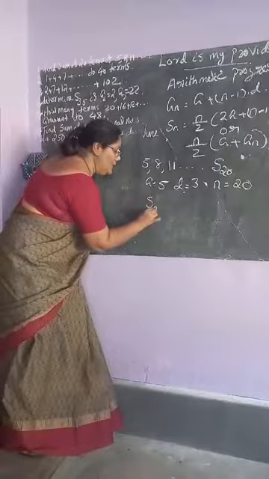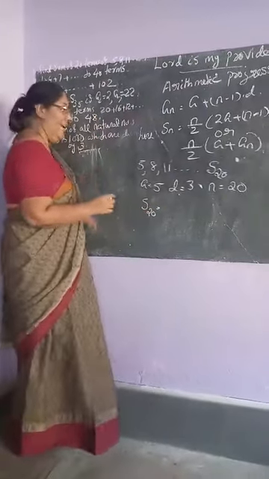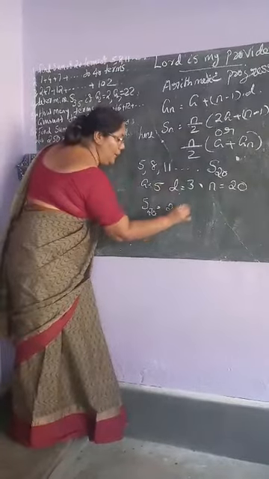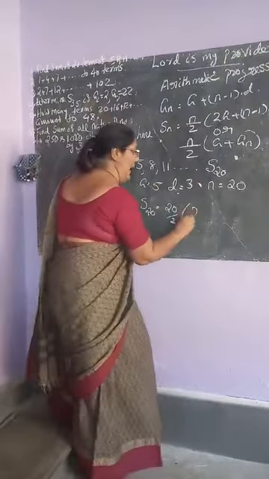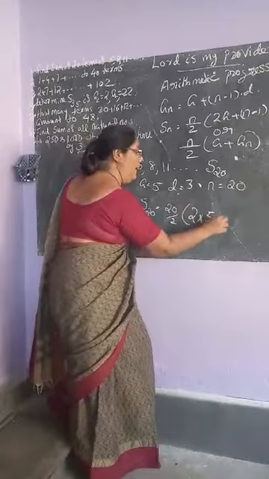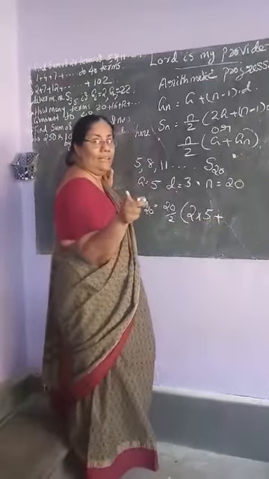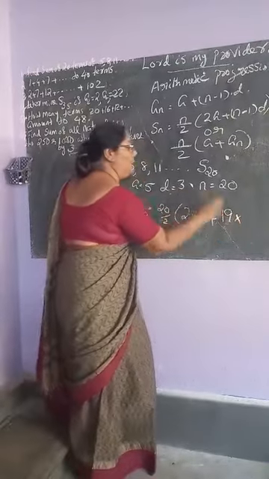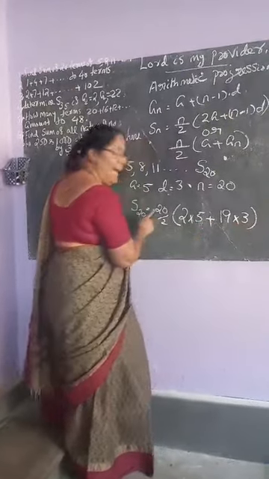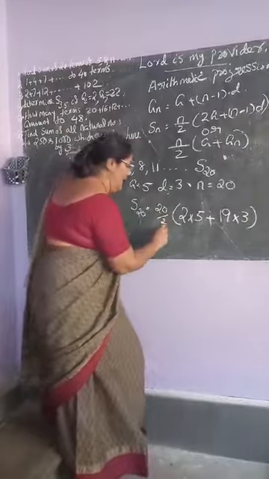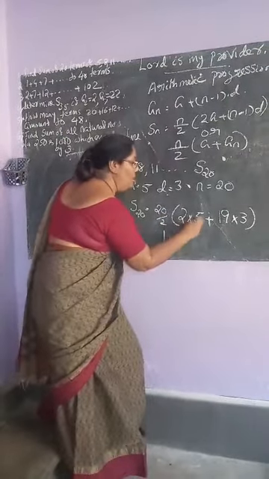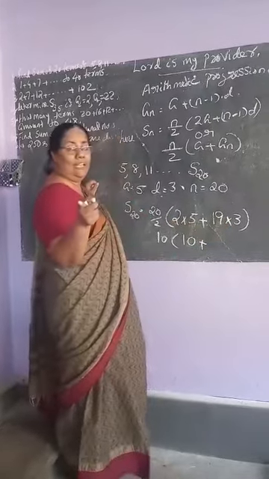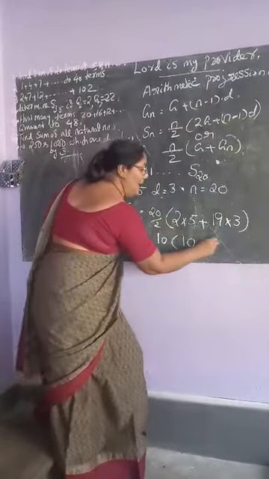Our aim is to find the sum of 20 terms. Therefore, S20 is equal to n by 2, n means 20 by 2, into 2a, 2 into 5, plus n minus 1, that is 20 minus 1, 19, d. D means 3. 20 by 2 is 10, into 5 twos are 10 plus 19 into 3. 19 into 3 is 57.